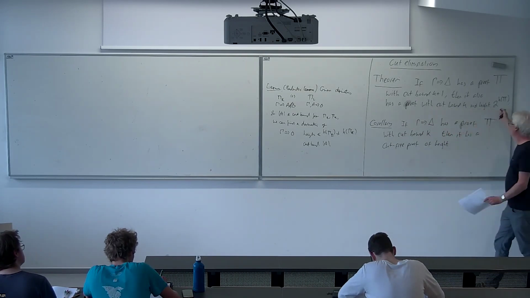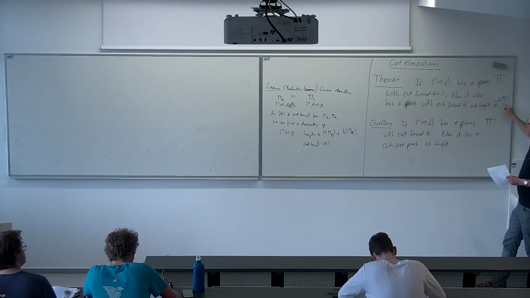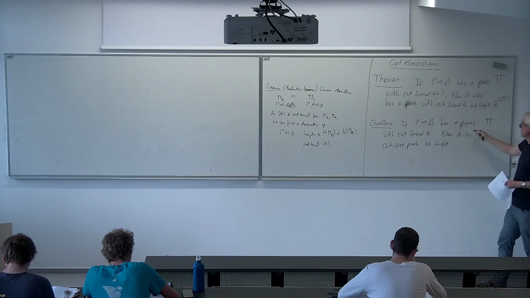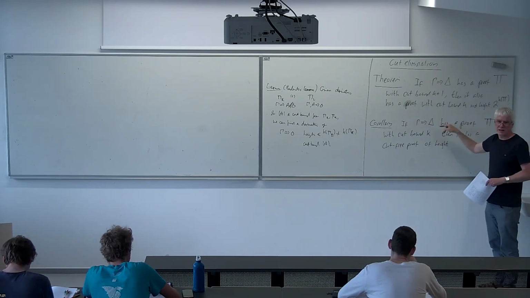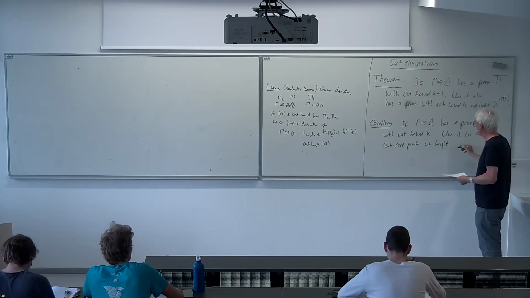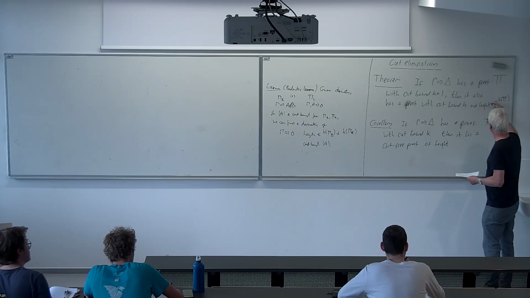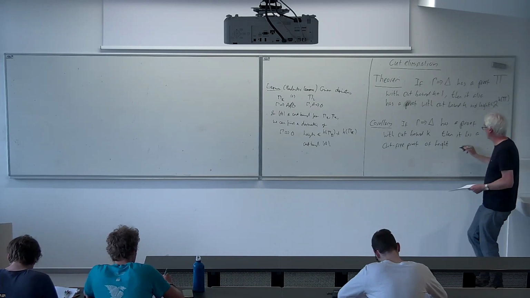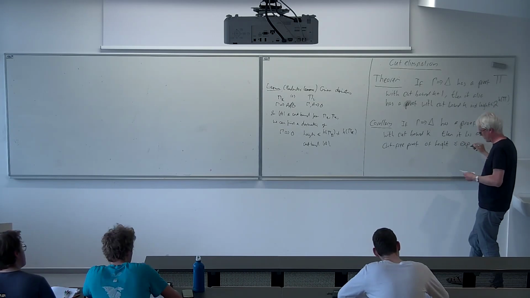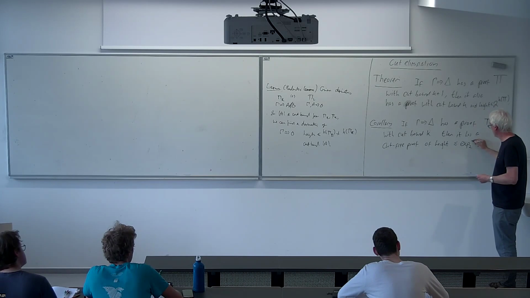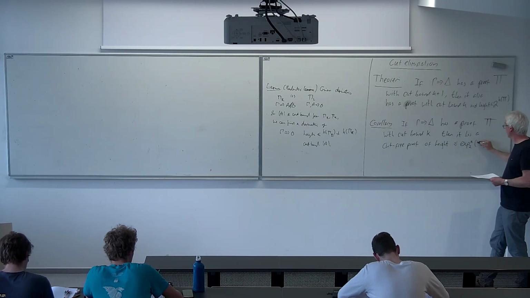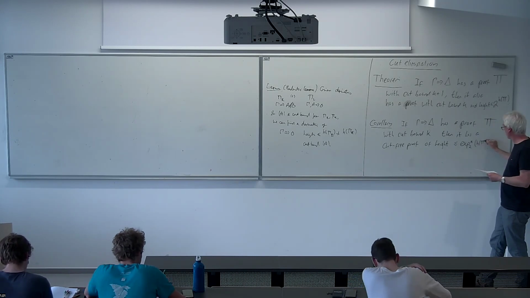And here we want to iterate 2 to the height of pi as many times as we need to get from bound k to bound 0. So we need to do that k times, so it's an iterated exponential. So we have height less than or equal to, I'm going to use this notation for the iterated exponential: 2 is the base, k is the number of times we're iterating, and the number we're iterating is the height of pi.